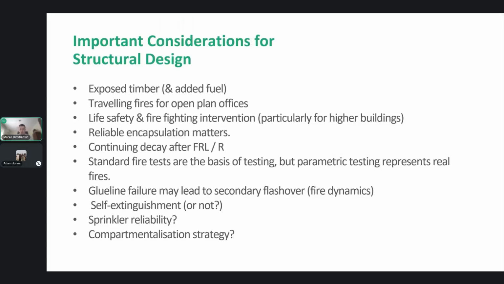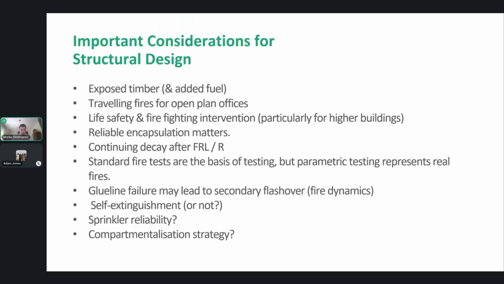Then what about reliable encapsulation and connections? What about continuing decay after the FRL has been achieved? There is the idea that standard fire tests are the basis of testing, but parametric testing represents real fires. Also, glue line failure, which may lead to secondary flashover.